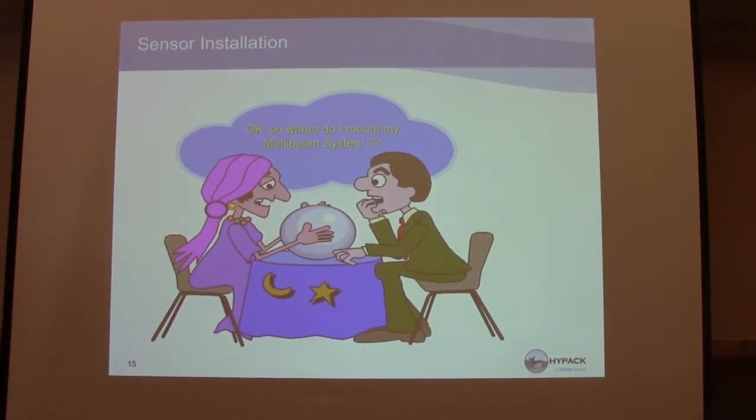So we always recommend, if it's an over the side, there's an arm that's attached to the boat. We want another connection point to shore up the vibration to make sure that that pole doesn't vibrate. Because what will happen is you'll see that vibration in the data and it's really hard to get rid of.